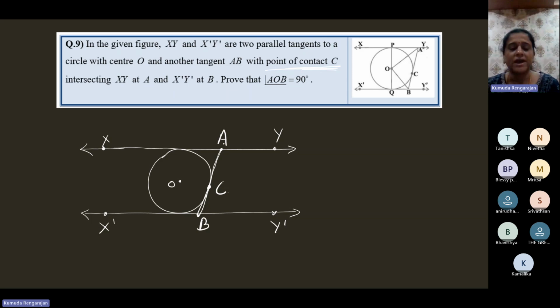At A. And where does the tangent meet X dash Y dash? At B. Prove that angle AOB is 90 degrees.